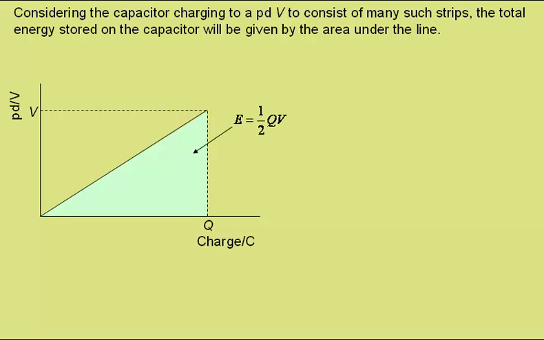This then is half the charge Q times the total potential difference V, as the area of a triangle is half the base multiplied by the height.